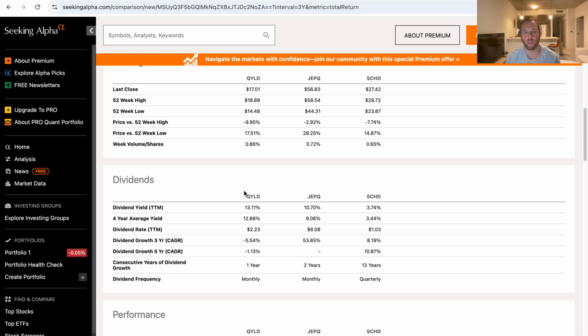At this point we want to see NAV appreciation every single year of a bull run. Now, if we go into a bear market, all of these funds will have a NAV declining year, and that's okay. But generally speaking, if we're in a bull period, we want to see NAV growth.